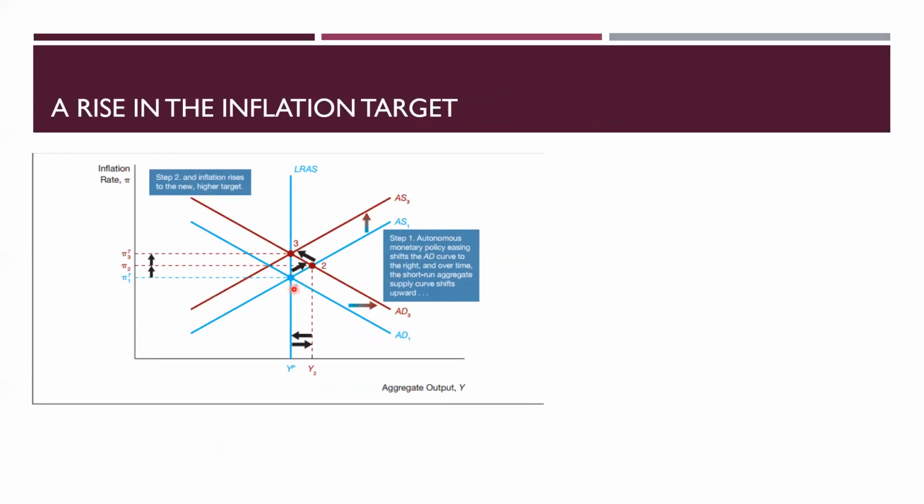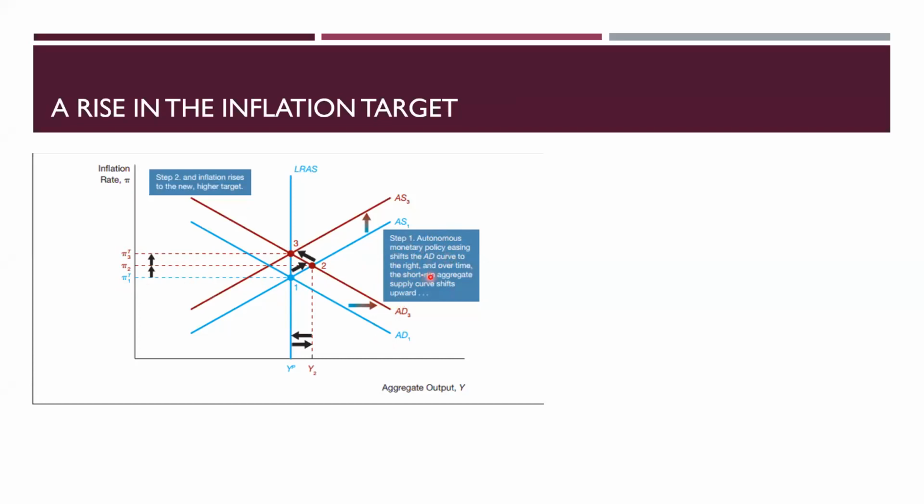If the government has decided to increase the inflation target from pi t1 to pi t3, what does it do? Step number one, it would implement an autonomous monetary policy, okay? Or we can call it a quantitative easing monetary policy, which is an autonomous monetary policy easing, which shifts the aggregate money curve to the right from here to here.